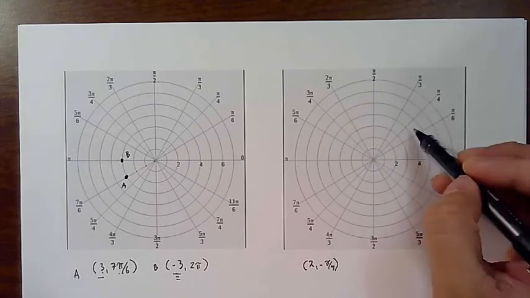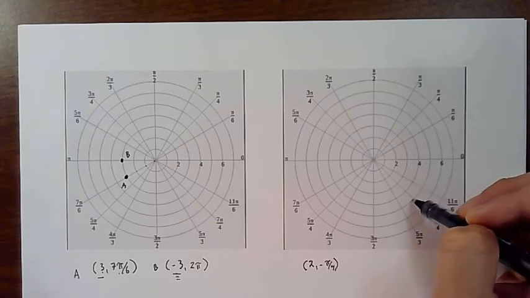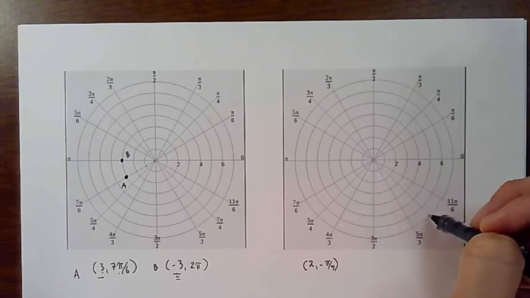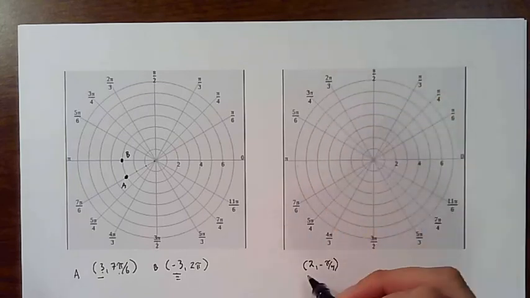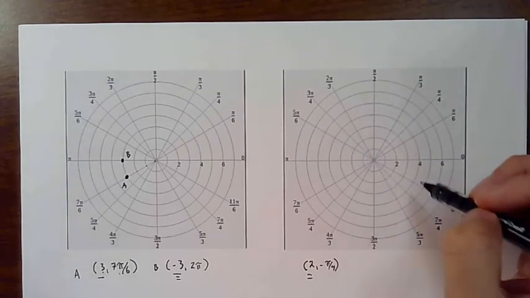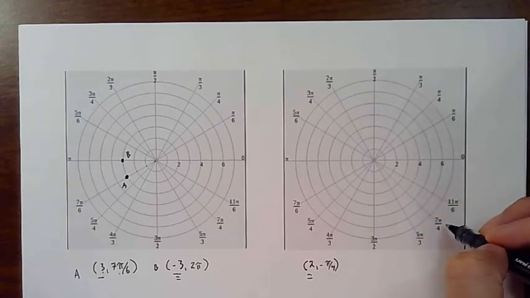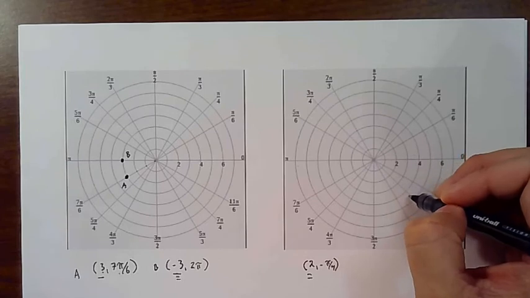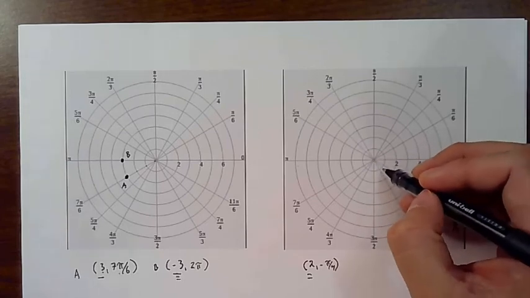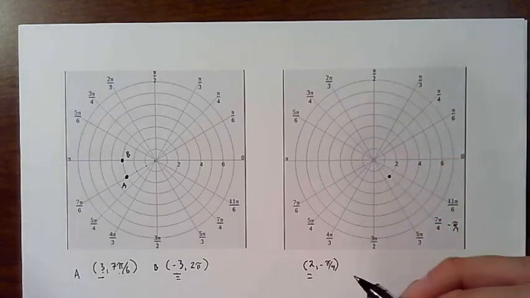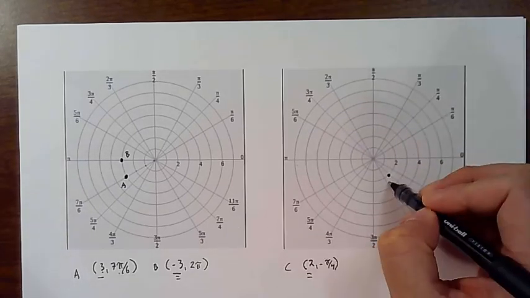So instead of sweeping up like this, we'll sweep down like this. We know we're going to be pointing in this direction, or possibly this direction, but because our r is positive, we point this way. So we swept out this way, and then we move outwards from the origin 2 units: 1, 2. Let's call that point C for reference.